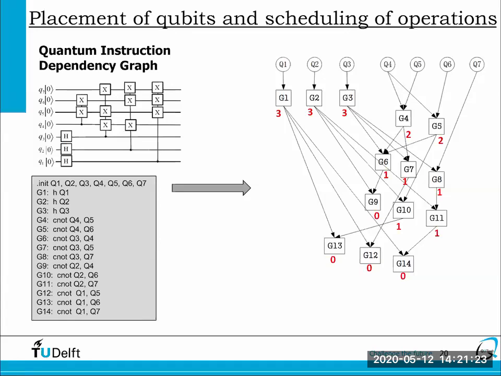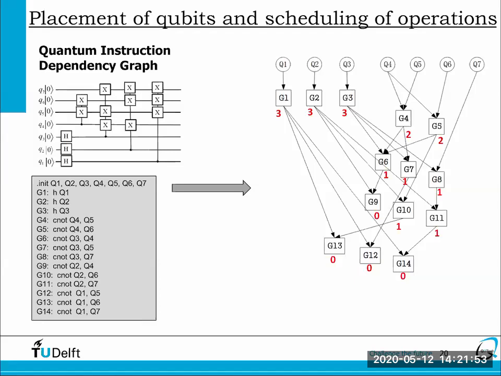Can you tell me what those nodes and those edges represent? Each node is a gate that you have to apply, and each edge shows which gates are dependent on the operation of prior gates. Exactly.